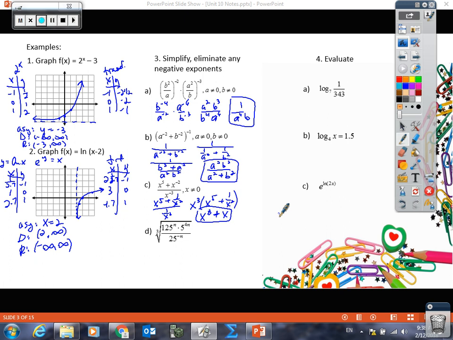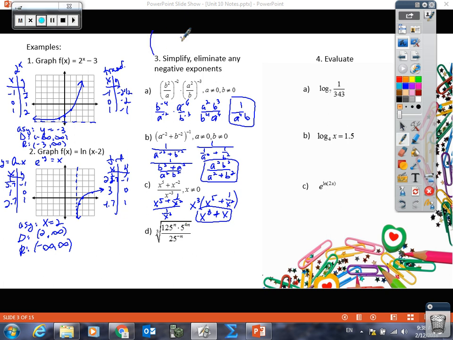I also have a mixture. I have exponential form underneath, and I have radical form over here. I really don't want that mix. I'm going to go all exponential. Okay, so I'm going to take these, and let's see. 5 looks like a good base. 25 is 5 squared, right? And 125 is 5 cubed, so it looks like we need to turn everything into a base 5. So I'm going to move up here.